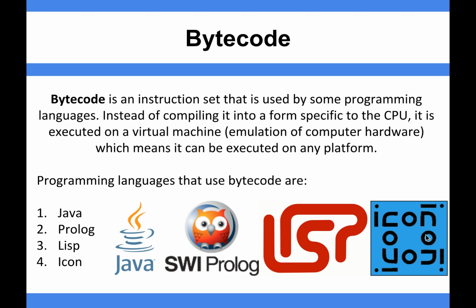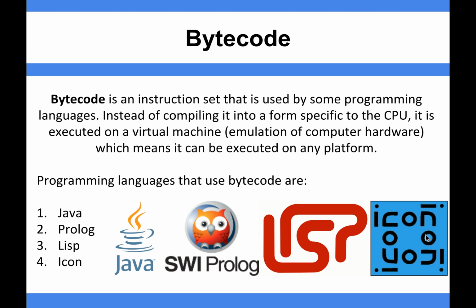So it will emulate another computer within that computer, and it will use the bytecode's instruction set. By doing this emulation, you're effectively creating the same emulation on every machine. Therefore, they could all use the same instruction set because they're all emulated. So it's running on this virtual machine, not the normal machine.